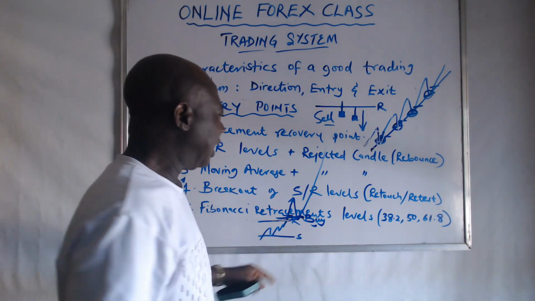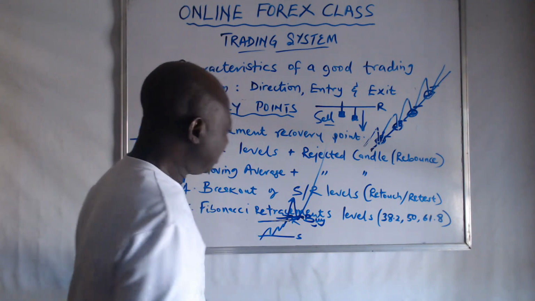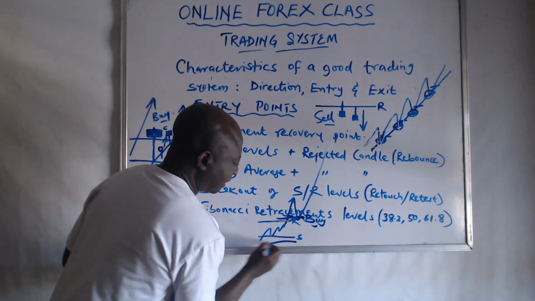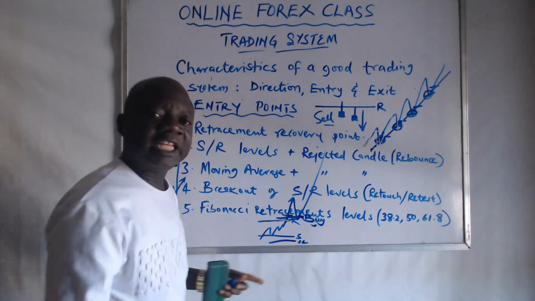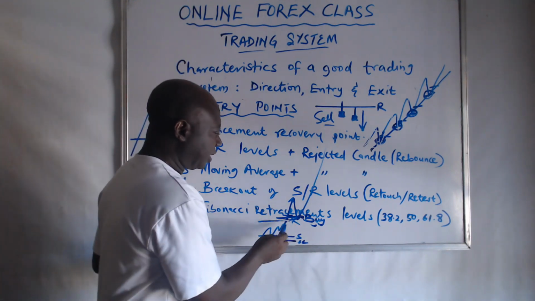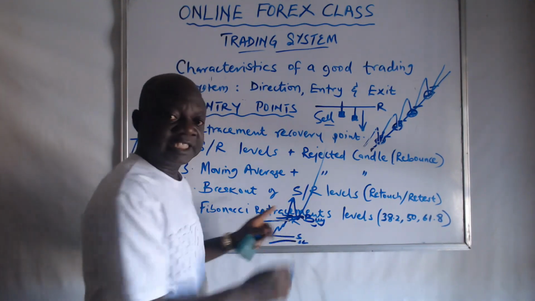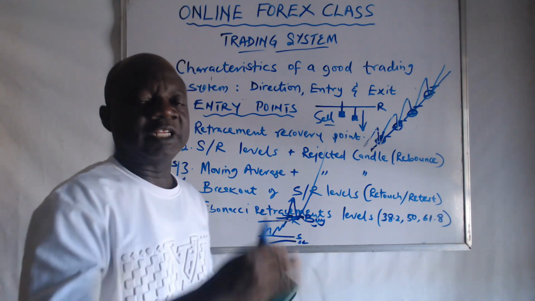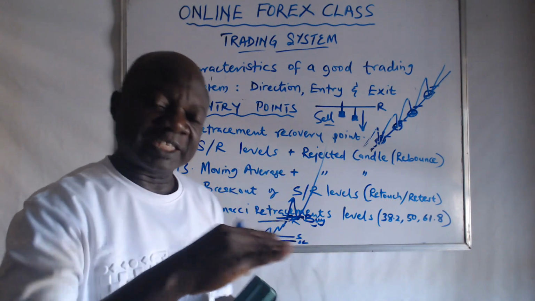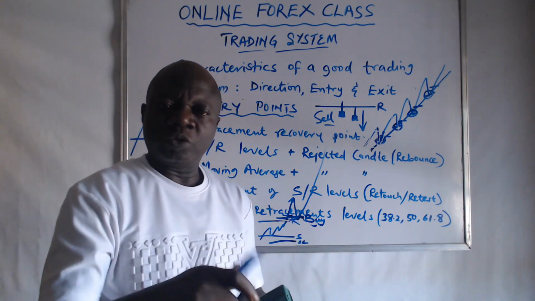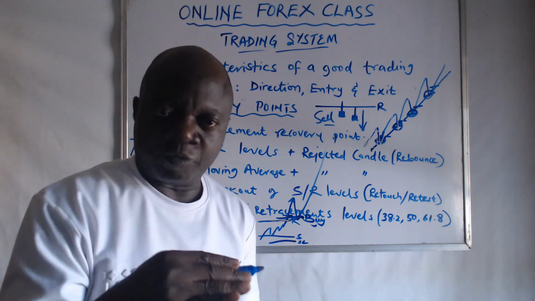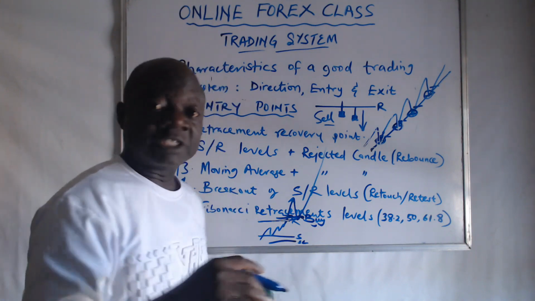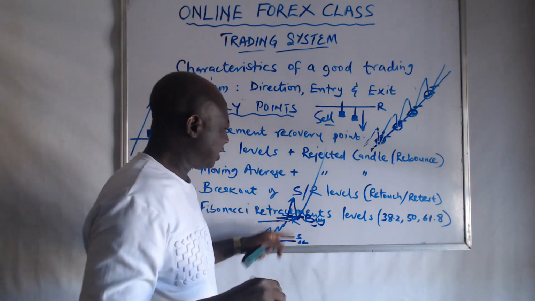So buy, and then make sure that you put your stop loss around this place, especially if the distance between the resistance level and the support level is not much. We are still within the range of your stop loss that you can afford. So it's a risk you can bear.